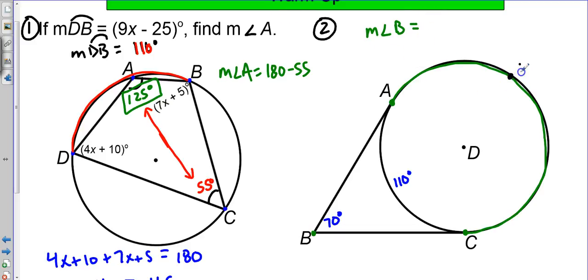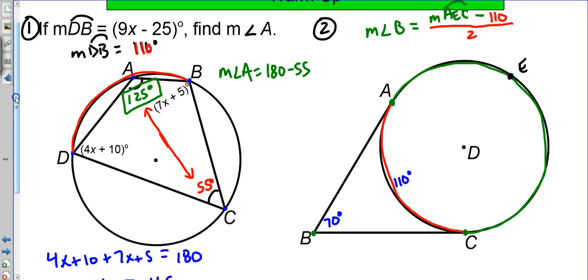We're going to call this point E. So that's going to be equal to the larger arc, which is the measure of arc AEC, minus the smaller arc, which we know to be 110. So we subtract the smaller arc from the larger arc, and we always divide by 2. The measure of angle B we know is 70 degrees.